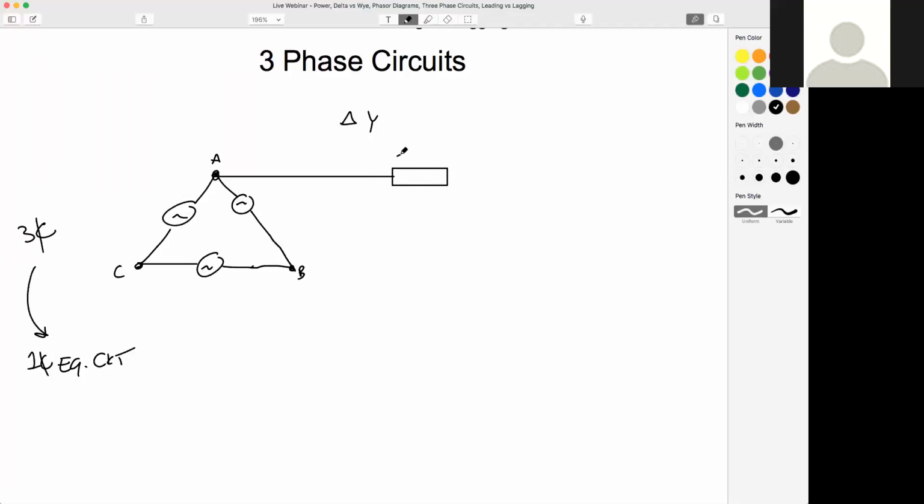So I'm going to call that Z line. And we have, it's going to be a balanced ABC system. So our line impedance is going to be the same in each phase. And then next, we will have a Y load.